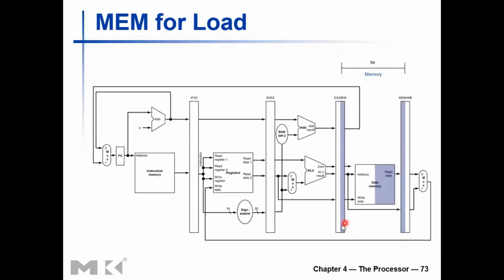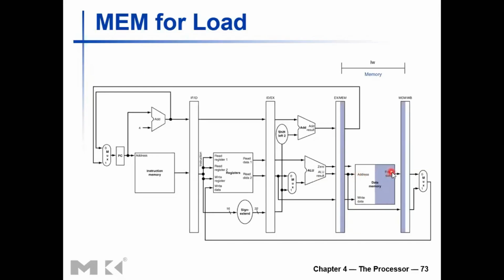So the write enable control signal, which was generated in the instruction decode stage, saved in the IDEX and EXMEM pipeline registers, should stop the data memory from writing that data. For the load instruction, that control signal value should be 0. So any data that was available here will not be written into the data memory. Then what will happen? You have the address made available after the writing and reading delays of the pipeline register.